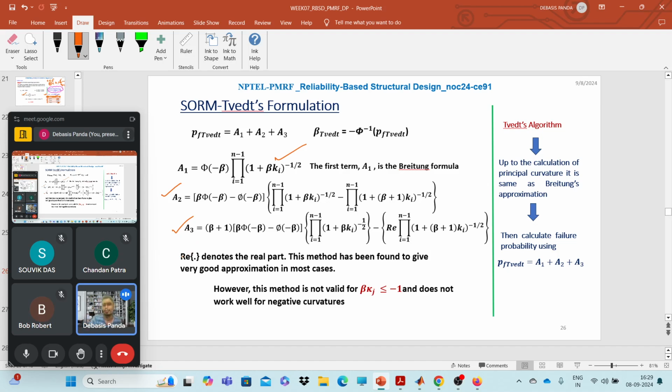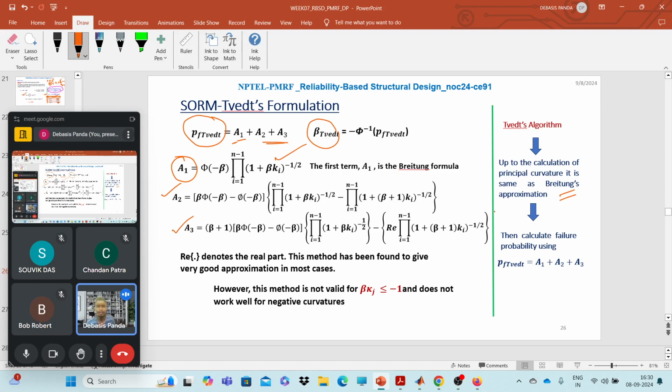Now what do we need to do if we want to calculate the probability of failure? You need to add these two terms to the Breitung approximation formula. Once we have the PF Tvedt, we can get the beta, which is nothing but minus phi inverse of PF, right? So what should be the algorithm for this code? First, we need to calculate up to the Breitung approximation, because from this approximation we will get the A1 term.